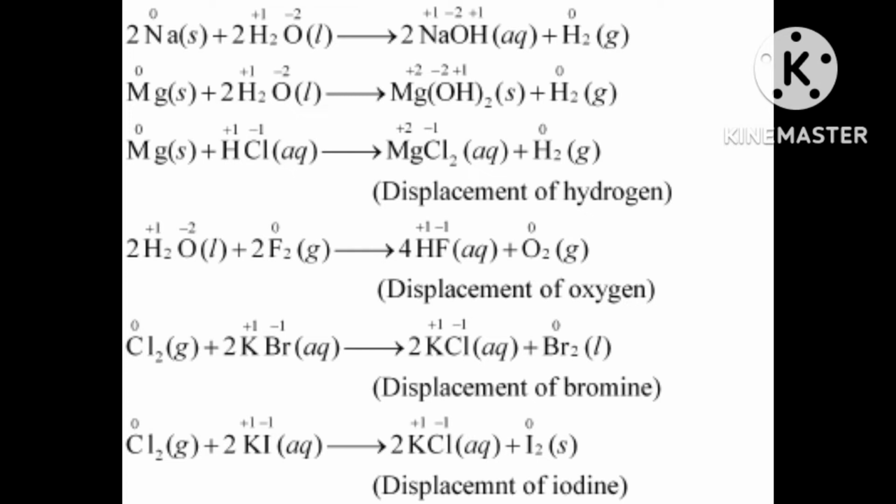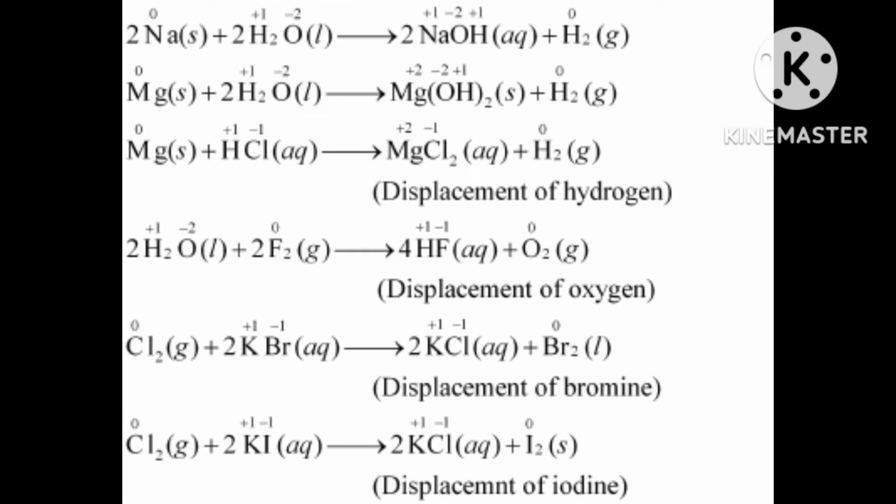See how reactive it is. If fluorine and water are there, then it will remove the oxygen from water. H2O, O is there. Oxygen is also electronegative. You should know.